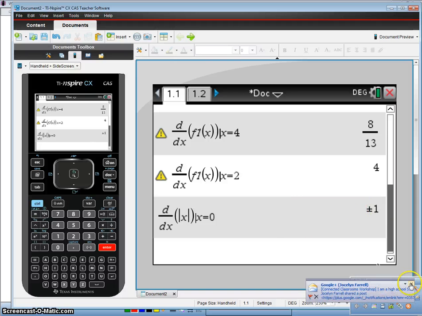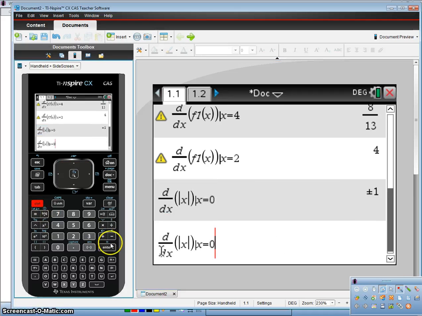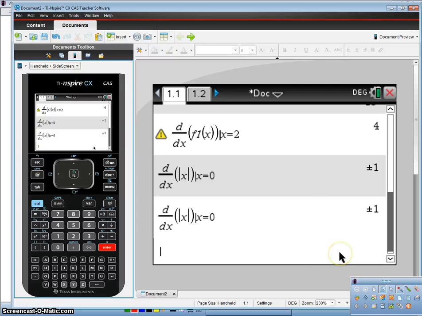If I do Control Enter, plus or minus 1. So the reason that happens is because in the CAS it's actually doing the limits, and the limit from the left and the limit from the right are going to be -1 and +1, and they're not going to equal. So our derivative is actually not differentiable there. So we got to be careful when we have a place that's not differentiable in our calculator, because it might just give us something that we don't want.